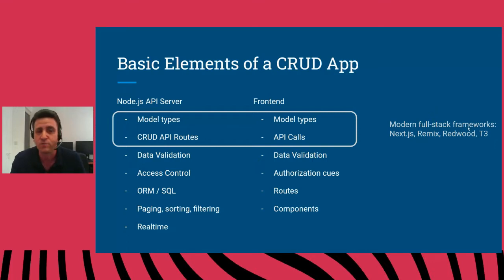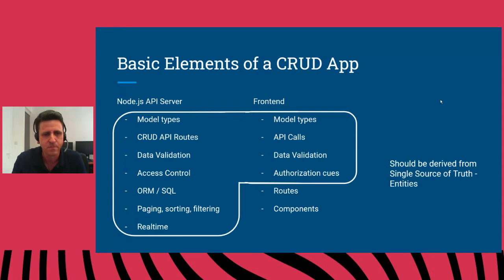If you look at Redwood.js, which does that with GraphQL, or tRPC and T3, all are very interesting frameworks and tools that I recommend you take a look at, which make this whole thing easier to work with, faster to develop, and it causes fewer bugs and errors.